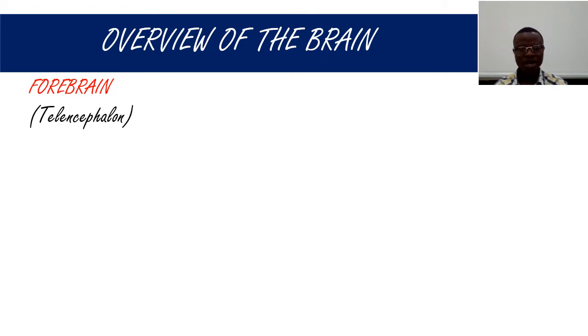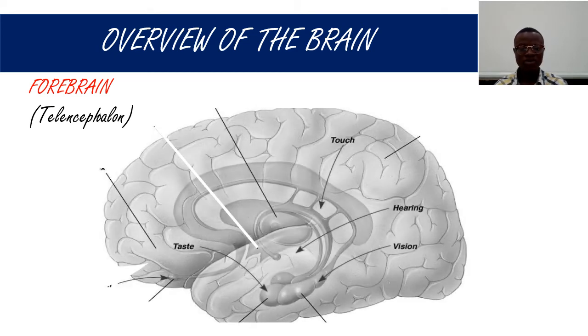We will continue our discussion of the structures of the telencephalon. But now we will look at another view, a more lateral view of the brain, to better enable us to identify other structures. Let's start.